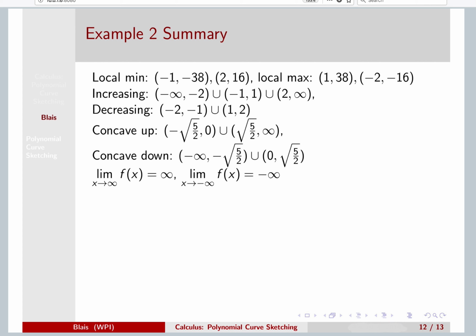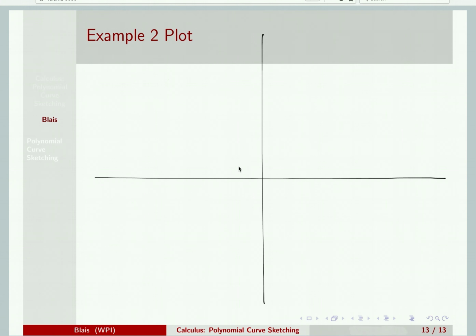So putting this together, in a separate plot, let's try and include all that information. So we have these points happening at x equals minus 2, minus 1, 1, and 2.